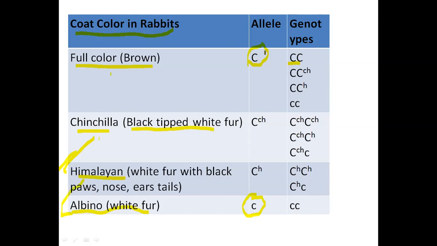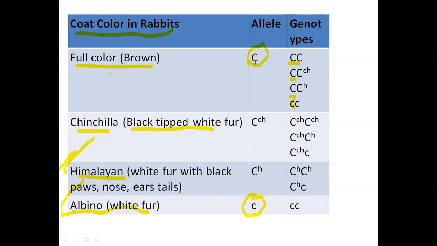In full color, capital C will be present. All the genotypes with it will be full color, brown. Sir, what is dominant over what? This capital C full color genotype is dominant over all these colors.